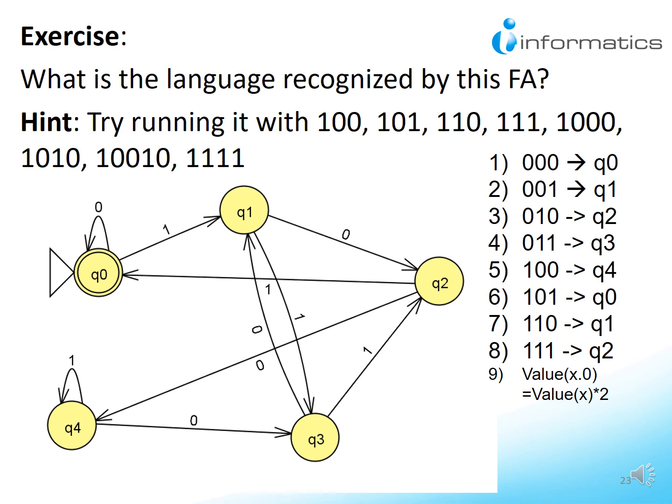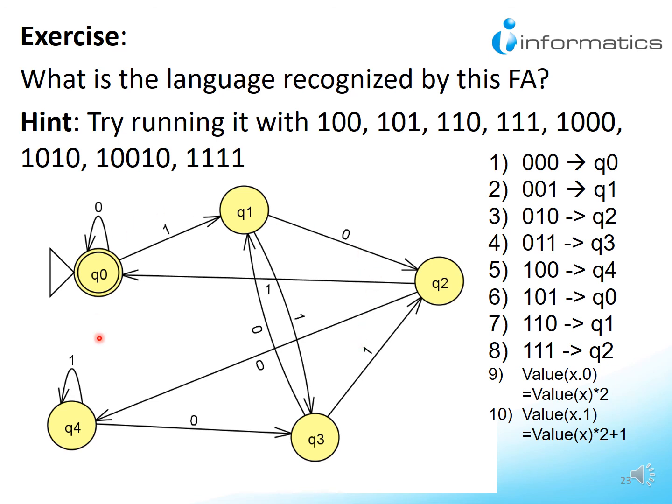So basically it's based on this: the binary value of x.0 is the binary value of x times 2. The binary value of x.1 is the binary value of x.0 plus 1, that is, times 2 plus 1.